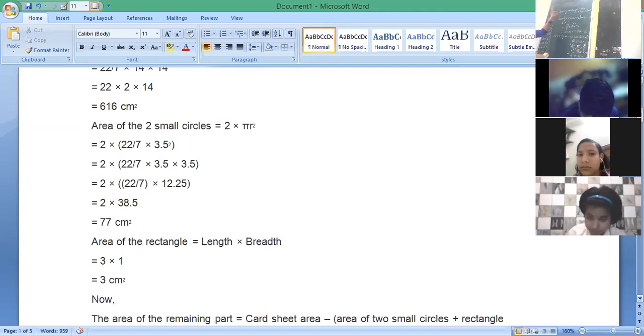You have cut 2 small circles, whose area is 77, so we'll subtract 77. Now we have cut the rectangle part also, so that is 3 you have cut out.